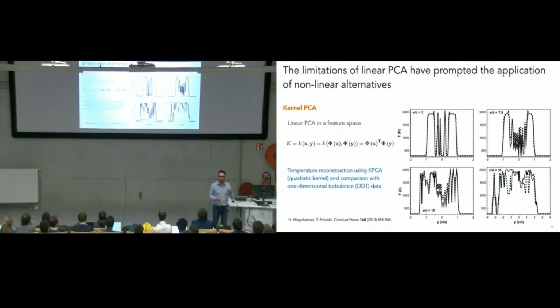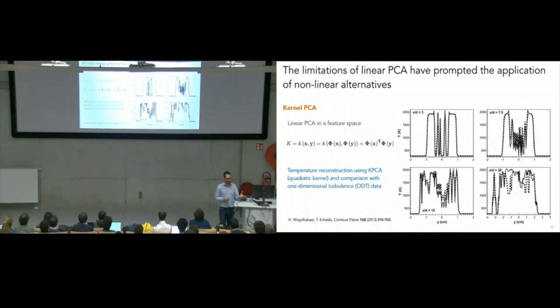This is important because it explains why people in combustion have looked into other approaches to perform PCA. One of them, for instance, is kernel PCA. The idea is very simple: you perform a PCA in a feature space where the relationships are linear, very similar to what was mentioned for POD. The problem is that the computation of this kernel can be very expensive and can become unmanageable for large data sets.